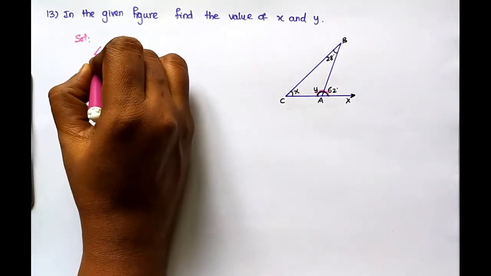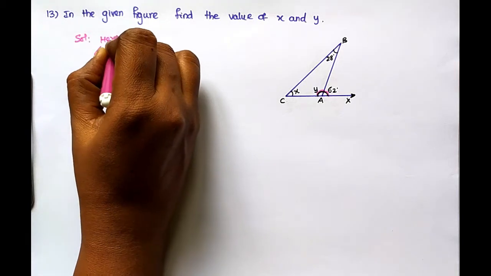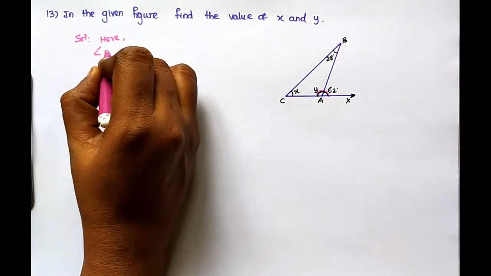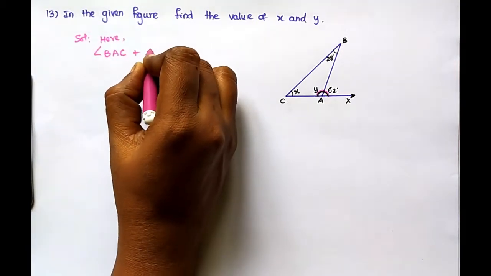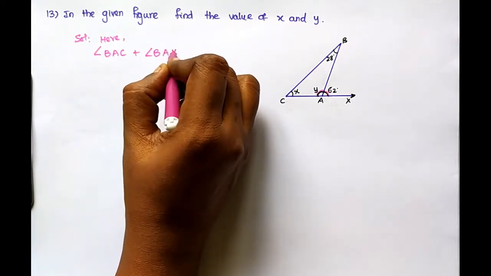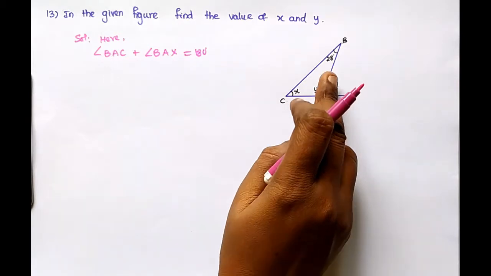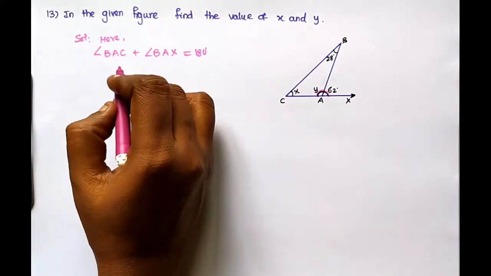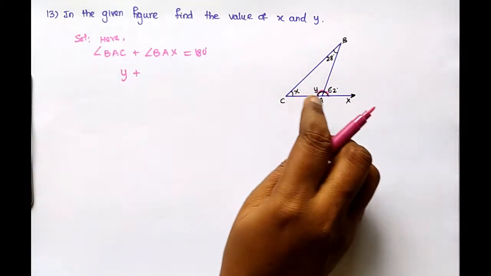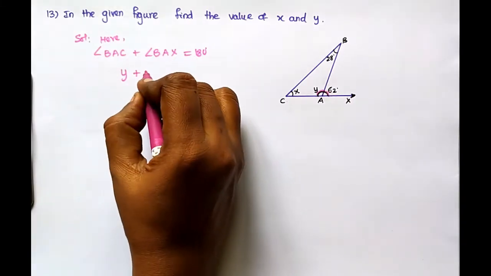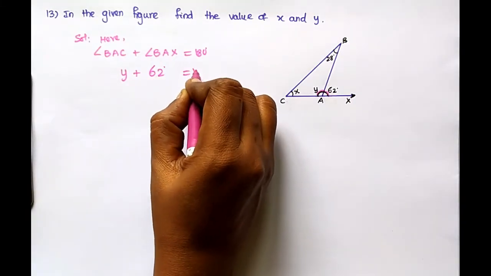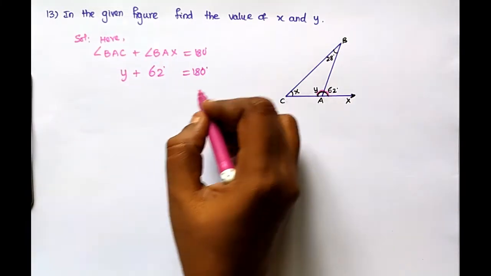So angle BAC plus angle BAX equals 180 degrees. BAC is y degrees plus BAX equals 62 degrees equals 180 degrees.